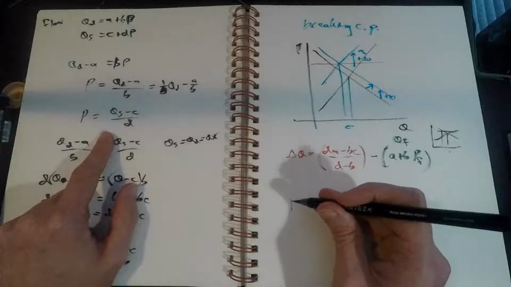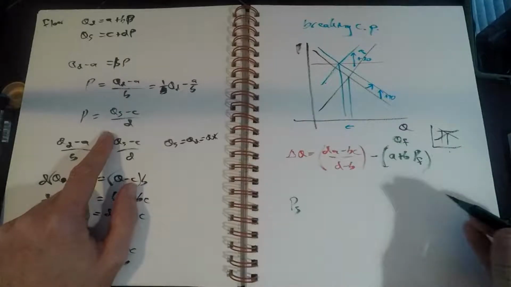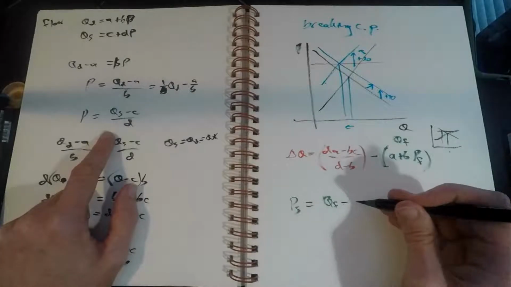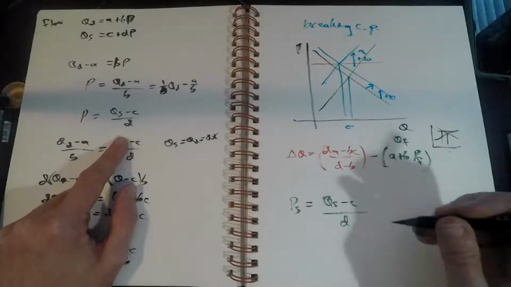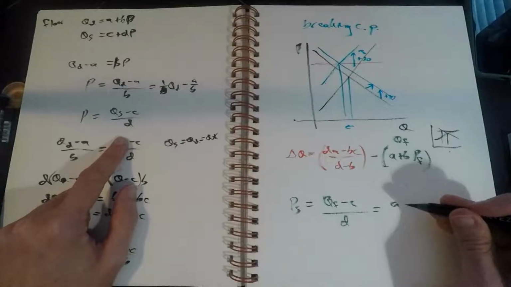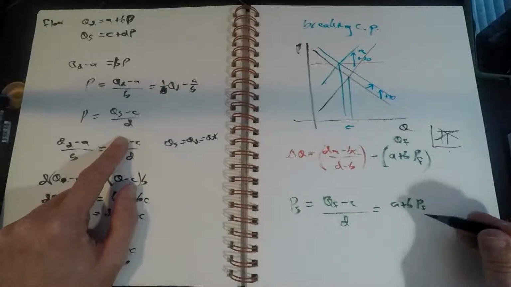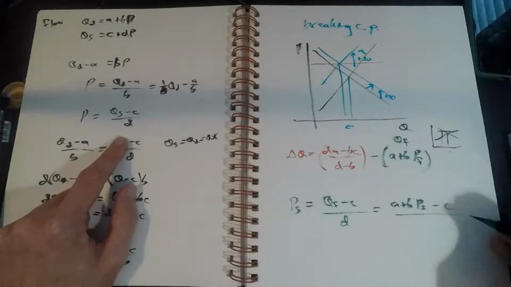So our price on the supply curve is going to be QF minus C over D, where QF is A plus B times PF, and then just minus C, all over D, right?